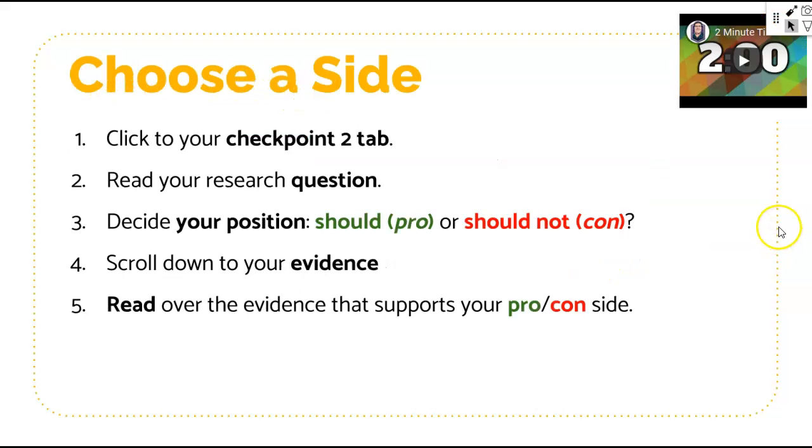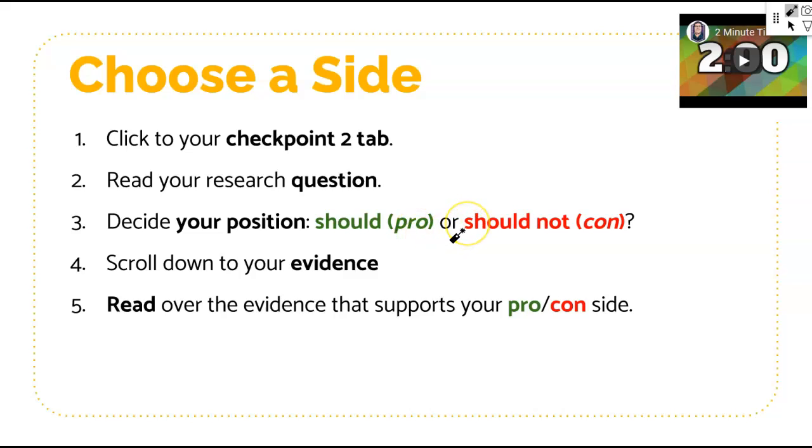So the first thing that you're going to do is you need to choose a side for your argument. So in your checkpoint 2, you're going to click over to your checkpoint 2 tab, and you're going to read the research question that you highlighted in blue at the top. And you're going to decide your position on this issue. So if you choose the side where you think that that should happen, then you are on the pro side of that argument.